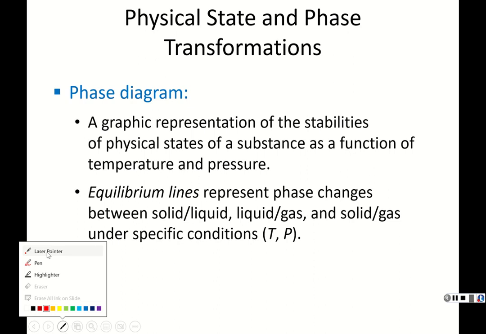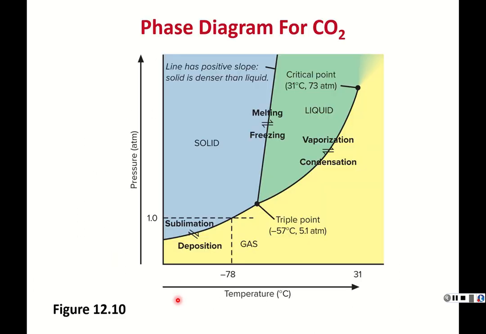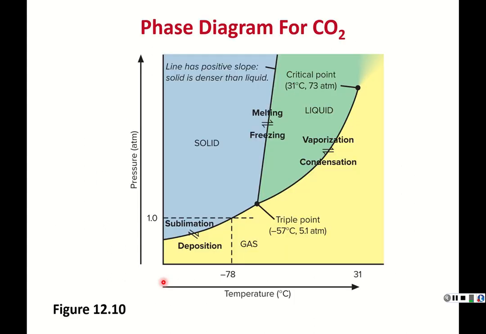So let me just put my laser pointer. And I should mention the lines, the dark lines that you see in the phase diagram are called equilibrium lines. They represent that phase change, okay, between solid and liquid, liquid and gas, solid and gas, under specific temperatures and pressures. Okay, so this is what a phase diagram looks like.